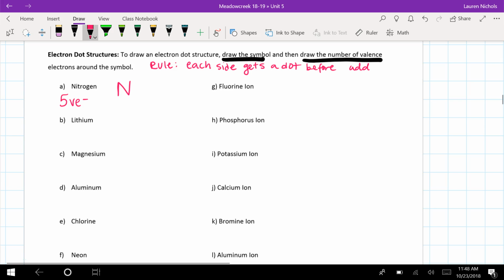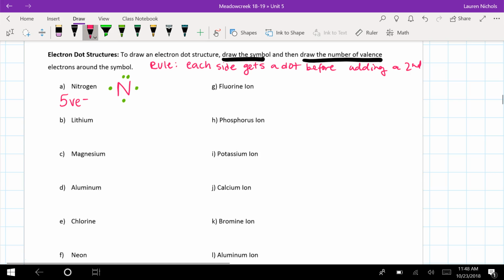Okay, so that is important. So as we're looking at this one, nitrogen has 5, so we'll put 1, 2, 3, 4, right? So each of the 4 sides has one of them, and then I'll partner up the 5th one there. Okay, and that's how you would draw it correctly.